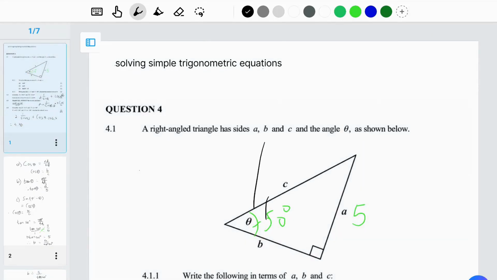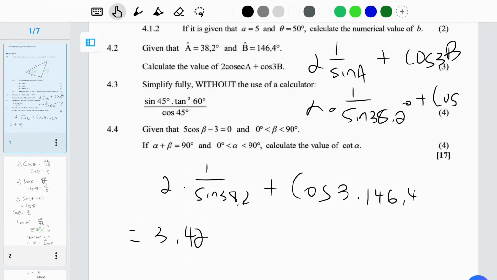Alright, let's look at if there's a next question. Okay, there's one more question. It says, given that 5 cos beta minus 3 equals 0, and 0 degrees is less than beta, which is less than 90 degrees, if alpha plus beta equals 90 degrees, and alpha is between 0 and 90 degrees, calculate the value of cot alpha.